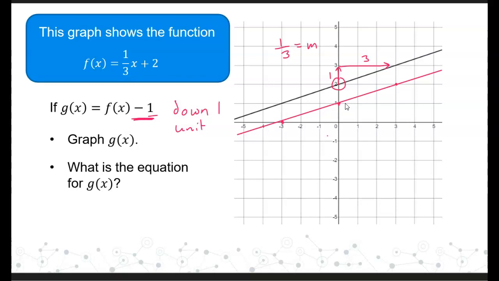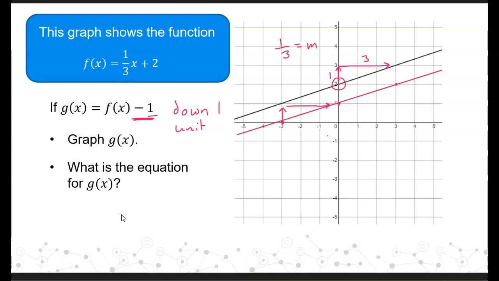So we have another line now. It has the same slope, right? We still have up 1 over 3. So it has the same slope, but now has a different y-intercept. The y-intercept has been moved down 1. So that's our graph of g of x. What is the equation for g of x?